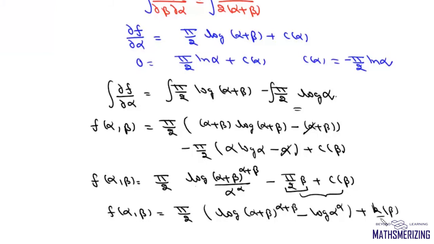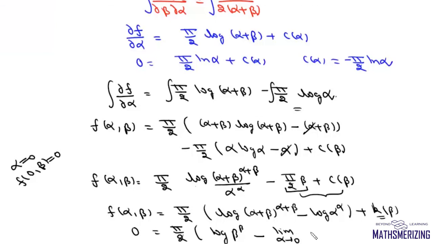Now we'll need to find this k(β), and for that we have to use the initial condition, and the initial condition is when α is 0, then f(0,β) will be 0. So 0 will be π/2 and then log, if we put α as 0, we'll get β^β, and minus this limit α tends to 0 of α log α, plus k(β).